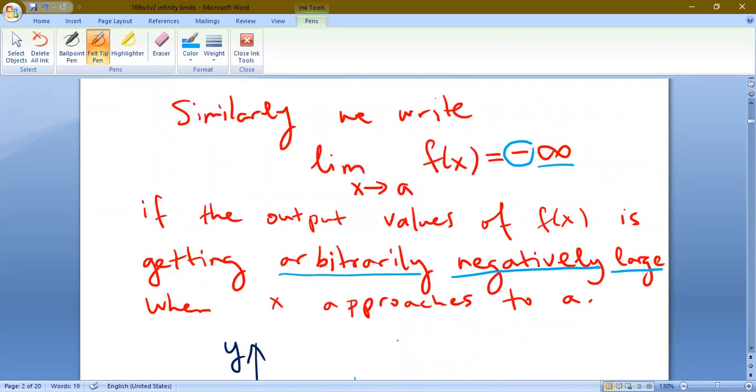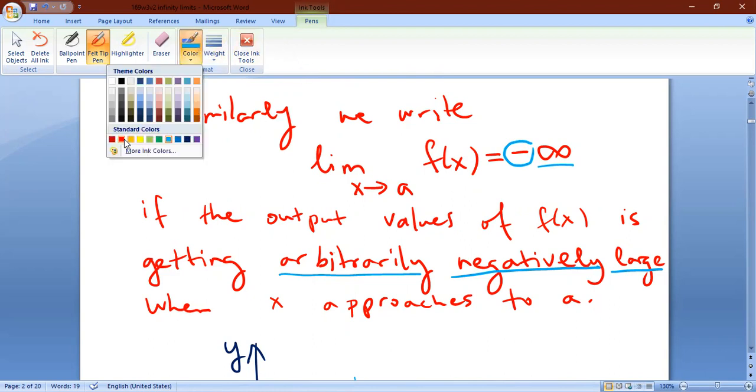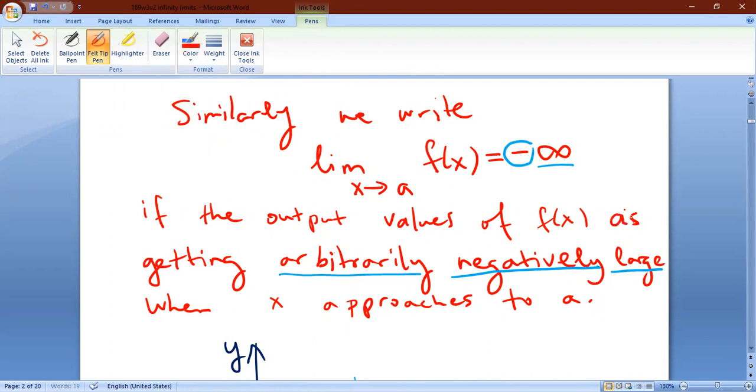And in a similar way, we write the limit of a function f as x approaches a is minus infinity if the output values of f are getting arbitrarily larger and larger, but negatively.